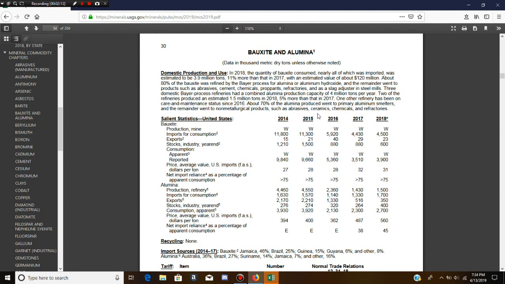And then it'll also tell you down in this paragraph what percentages were used for what stuff. So 70% of the bauxite and alumina ore was used to actually make aluminum.